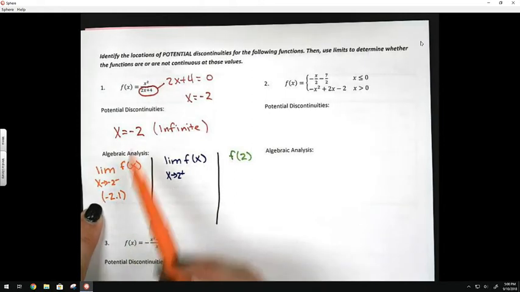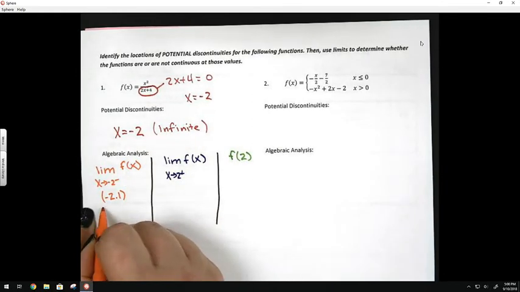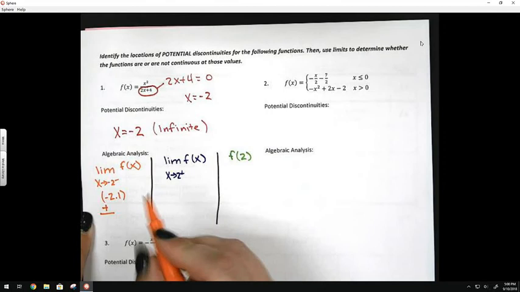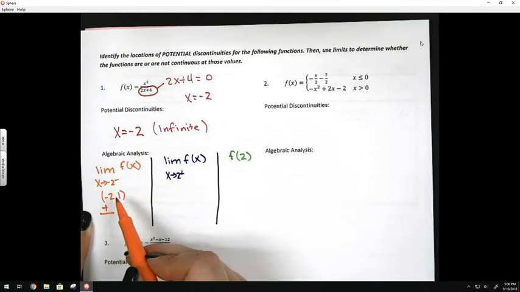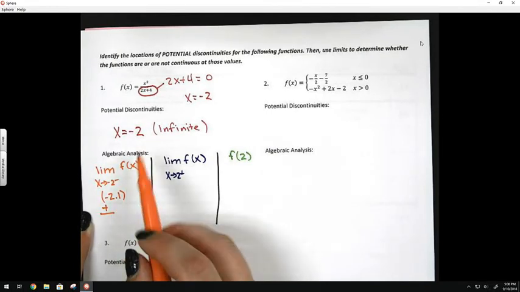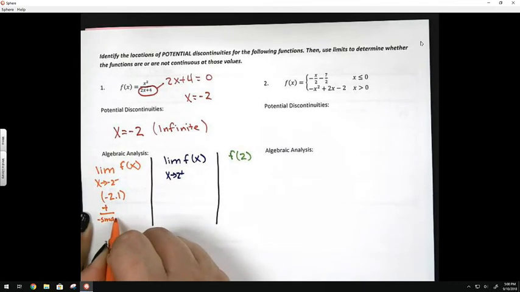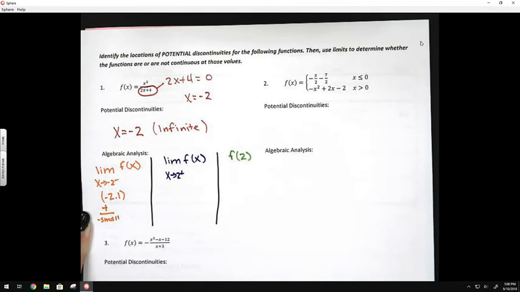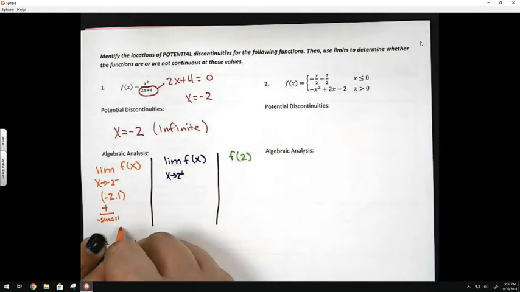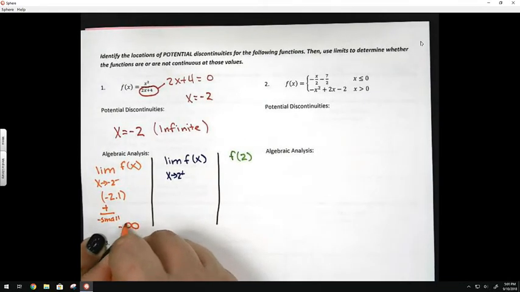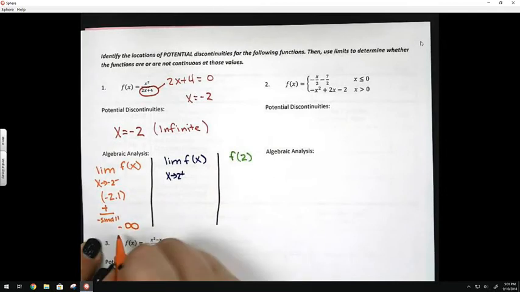Well, either way, on the top, we're going to be getting a positive number because we're squaring it. And on the bottom, we're going to end up getting a small negative number. Well, when we look at that then, the overall limit there is going to be -infinity. Okay?